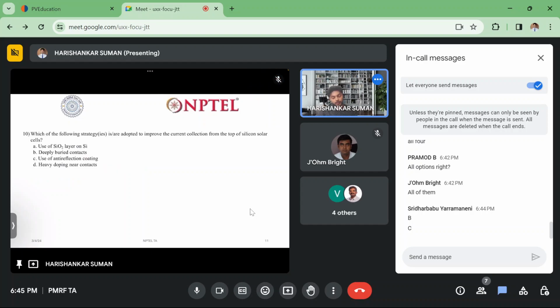Next question. Which of the following strategies are adopted to improve the current collection from the top of a silicon solar cell?